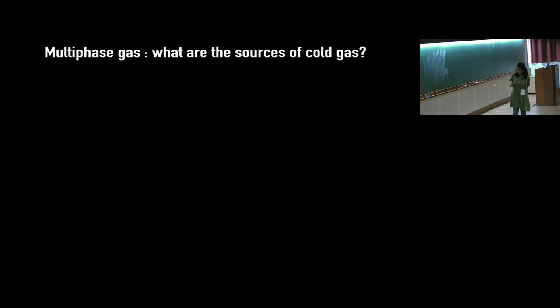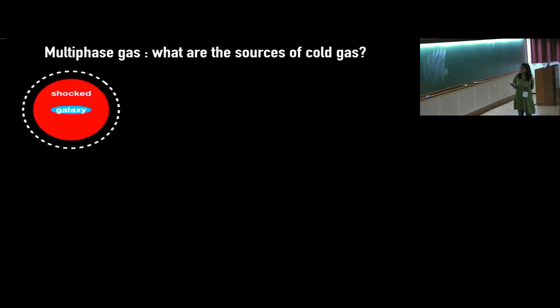So another scenario that also Pratik talked about is within the shocked diffuse region, if there are smaller, tiny local regions which have density fluctuations and which just grows. So this is like cold gas coming out of the diffuse phase, forming out of the diffuse phase.